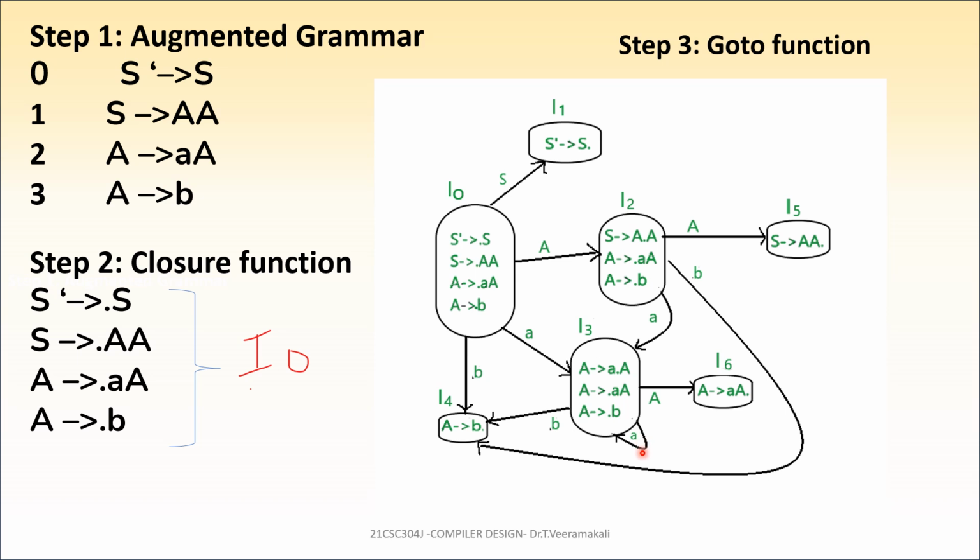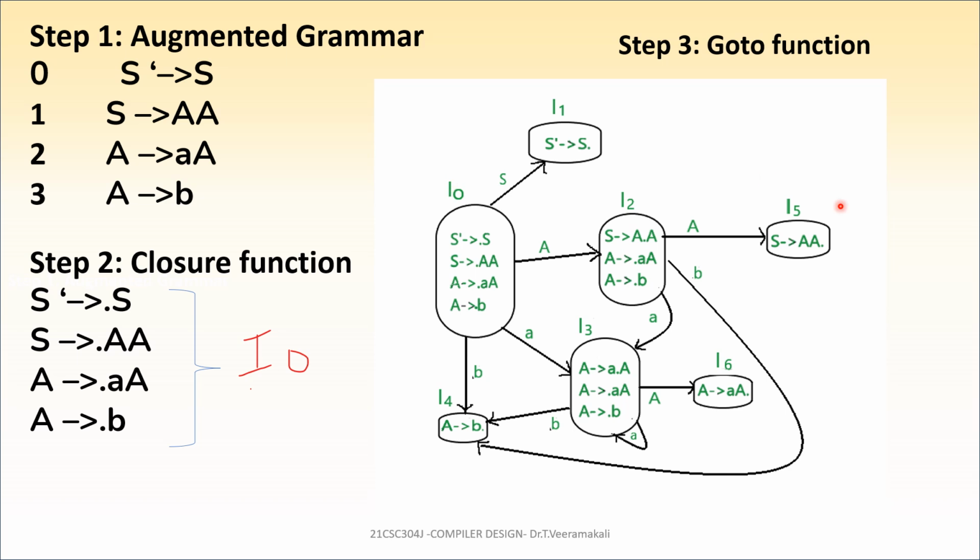So what you have to do is represent the self loop. For the second production, you will get the same result, so I have mentioned this is a self loop. For the third production rule, dot B, if you apply the goto function, it becomes B dot. It is already in the I4, so I have given the direction to the I4.